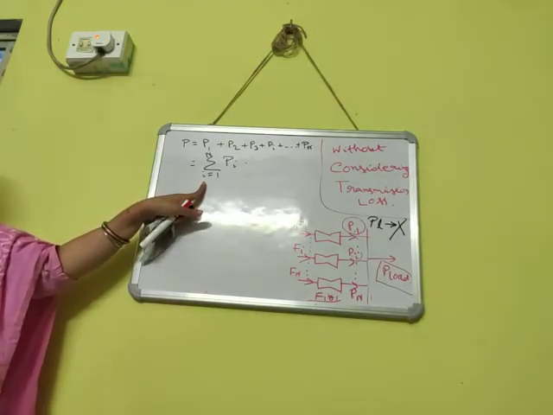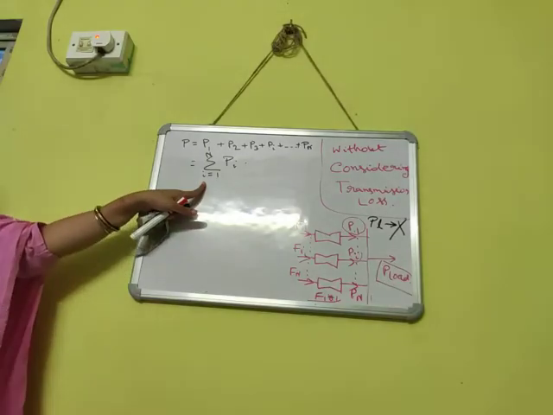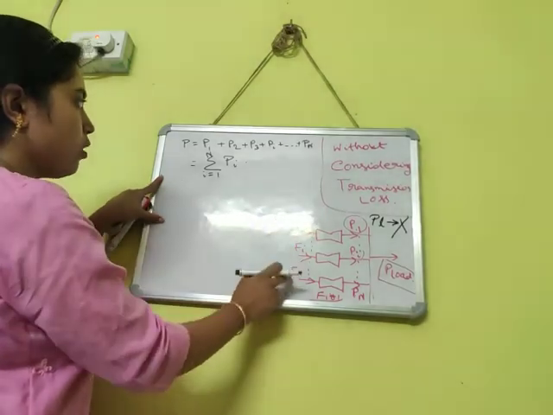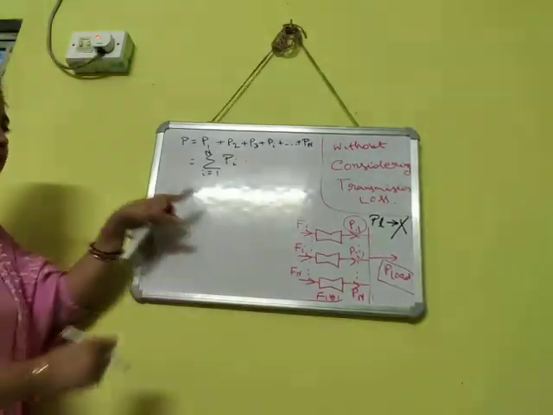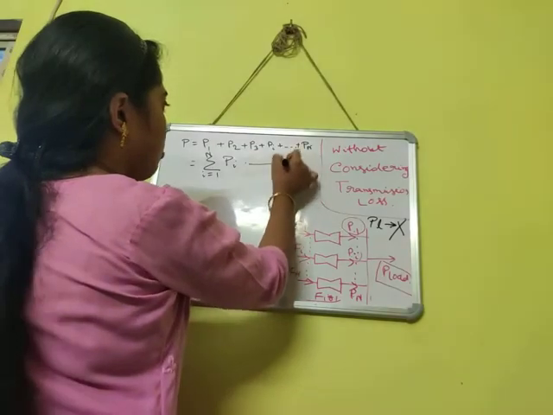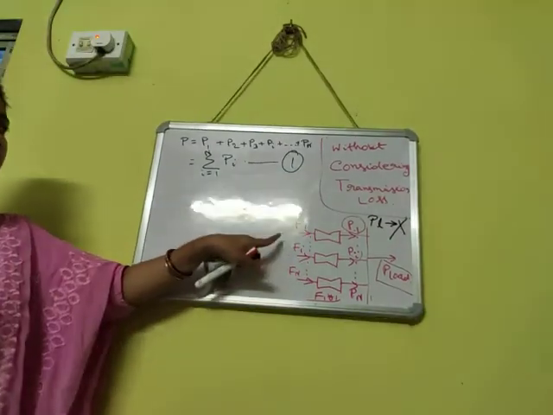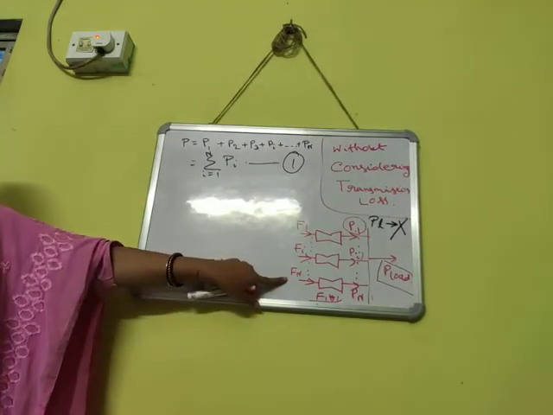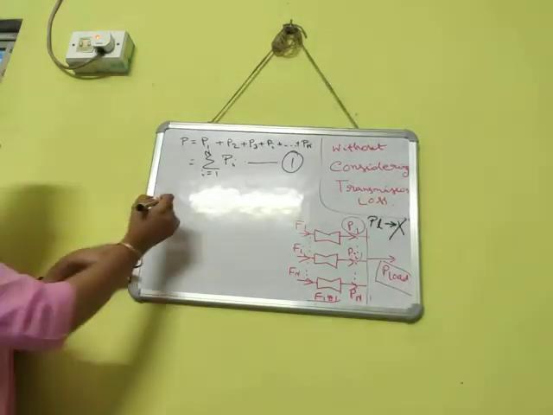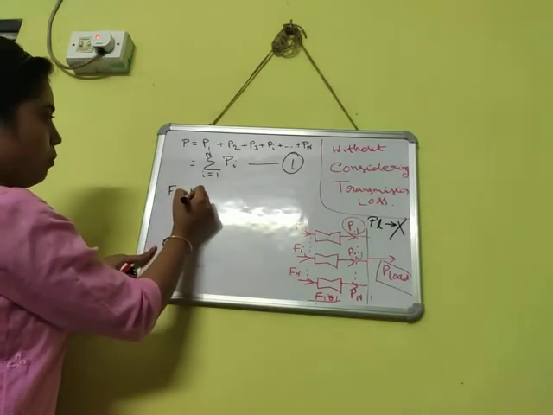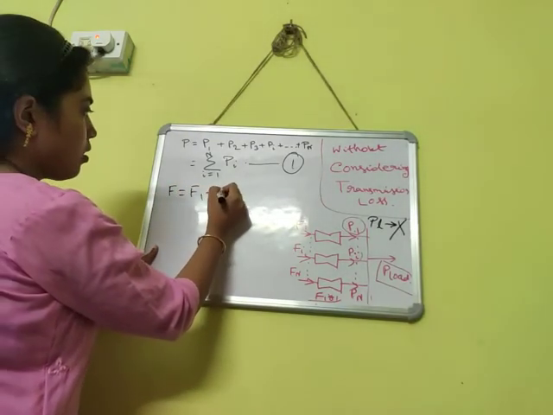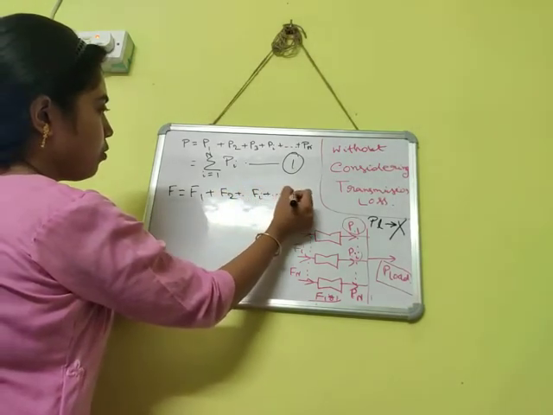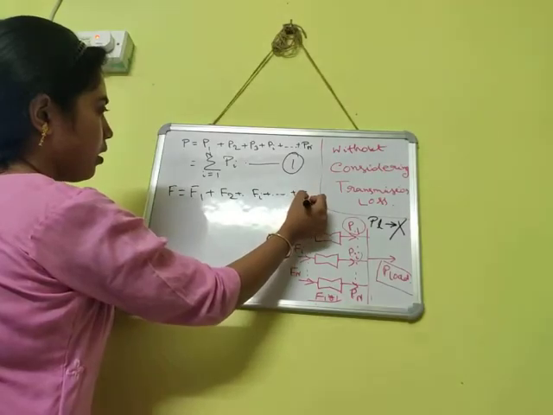After that, if this is the total power, then the fuel input is what you have to find out. If this is represented by equation number 1, the total input is F1, F2 and up to Fn, so it becomes F equals F1 plus F2 plus up to Fn.